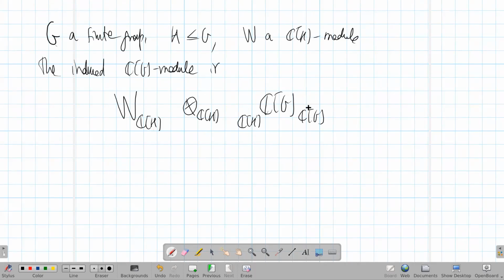So if there is no action here, then this is just an abelian group, actually a vector space in this case. But since there is this, it becomes a CG module.